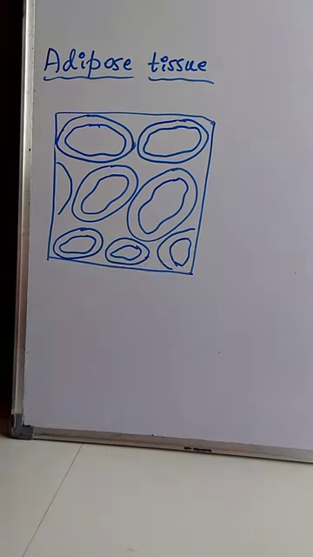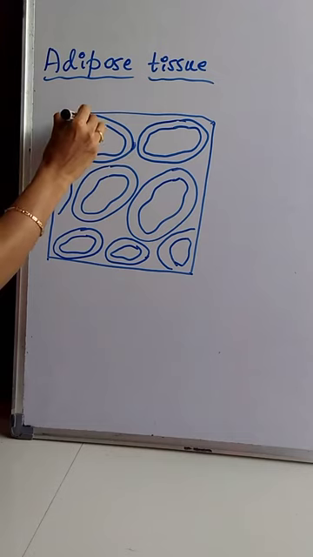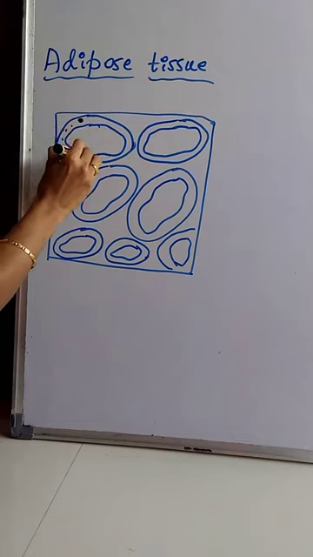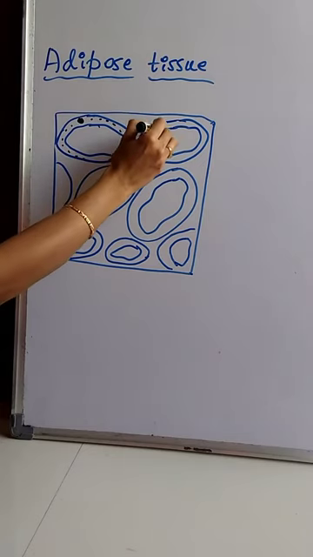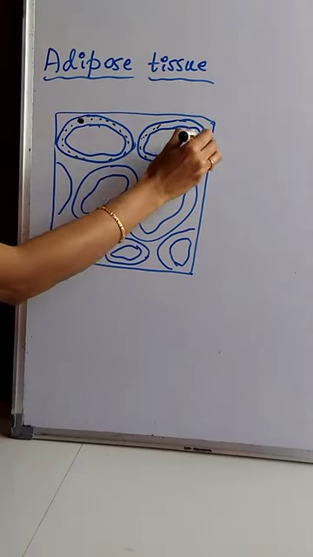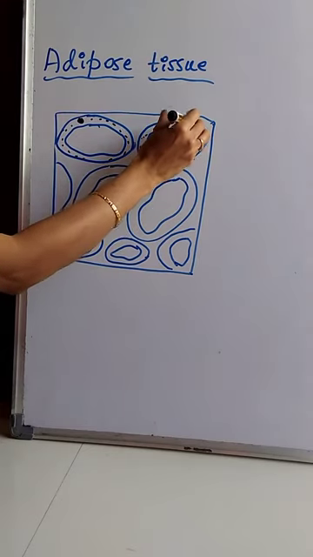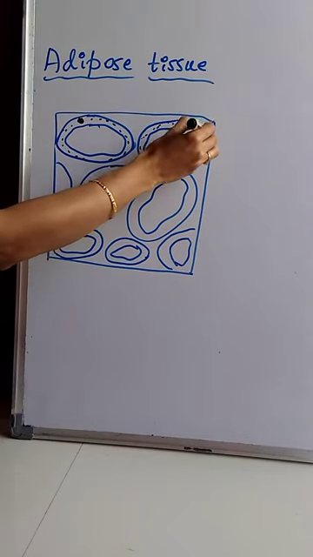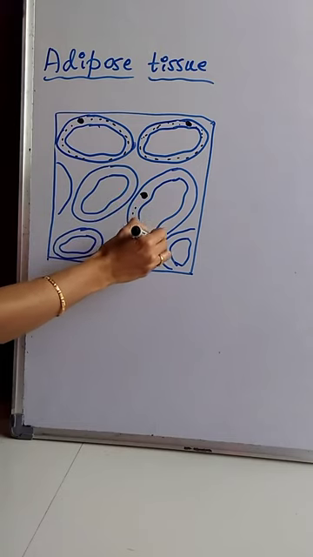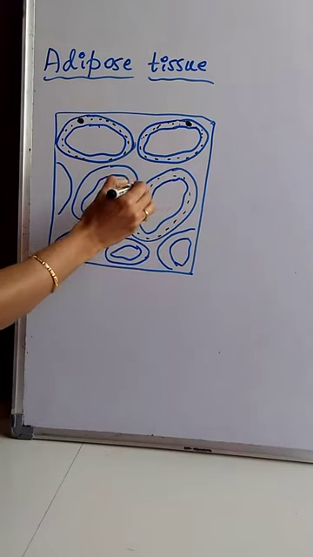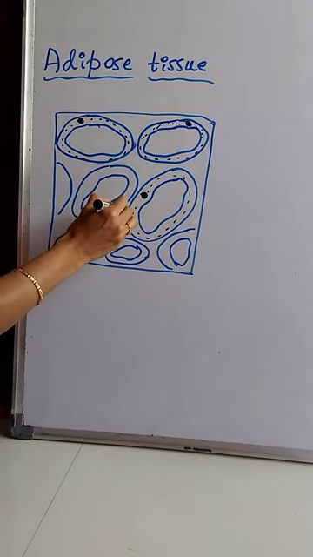Like this, fat droplets, and always the nucleus and cytoplasm are pushed to the periphery. This is the nucleus and this is the cytoplasm.